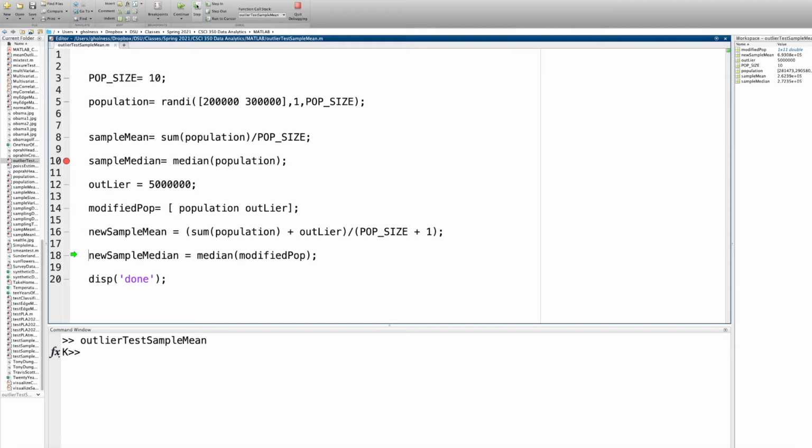Let's step here, and we find that our sample mean originally was 262,390, and the new sample mean is now 693,080. That's a lot bigger than the original sample mean. So by adding this outlier, we have skewed the sample mean by a large amount.